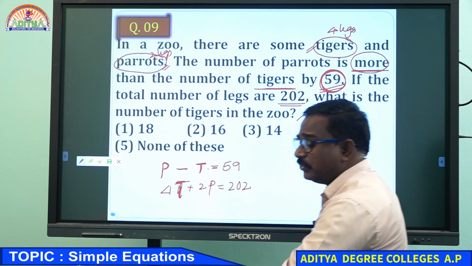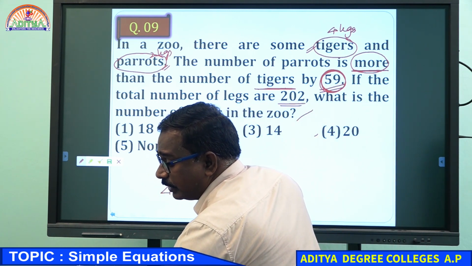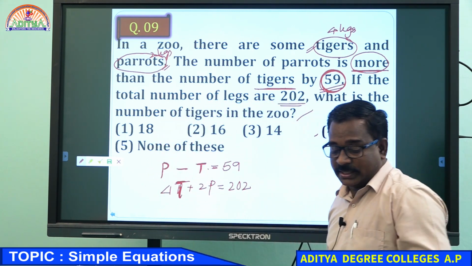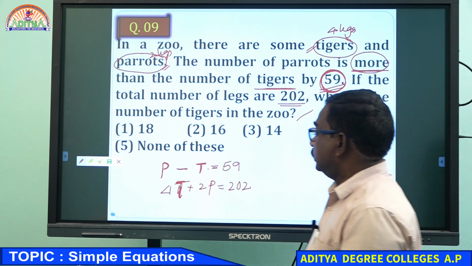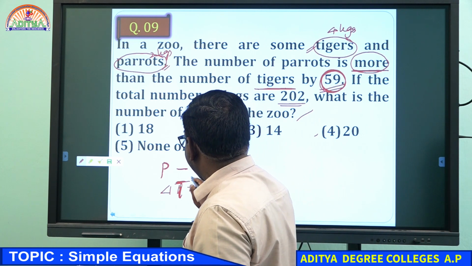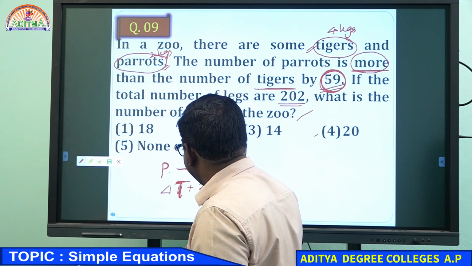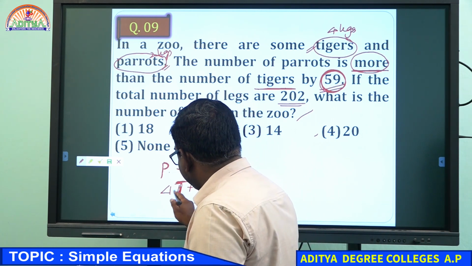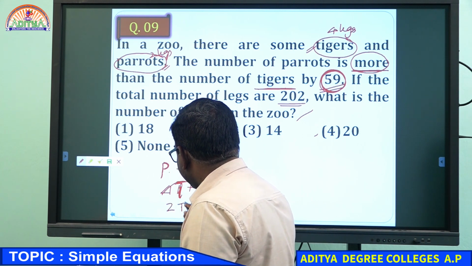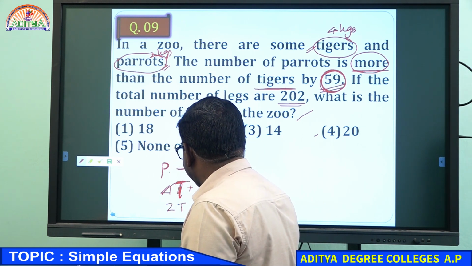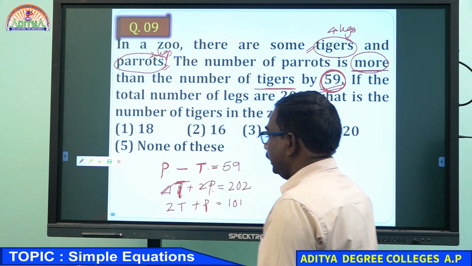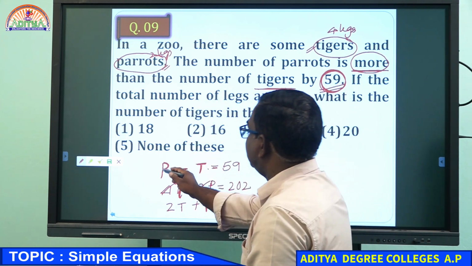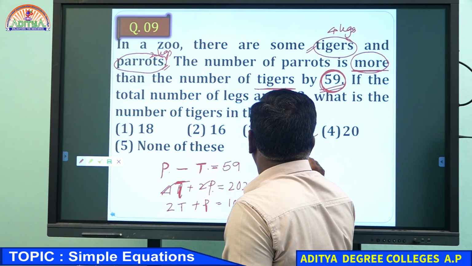Many of you have given 14, right? Very good. I think 14 is the correct answer. So we can solve here. 2p is there, we can cancel 2. This gives 2t plus p equal to 101. It's very easy, because here p minus t is given as 59.